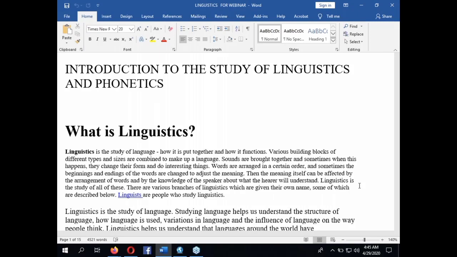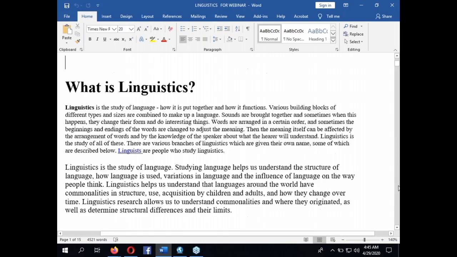How are the sounds of a language brought together? We look at it in terms of meaning, how meaning is developed in languages. We'll look at pronunciation, of course, how the nose, the tongue, the lungs, and other parts of speech are used to make sounds.